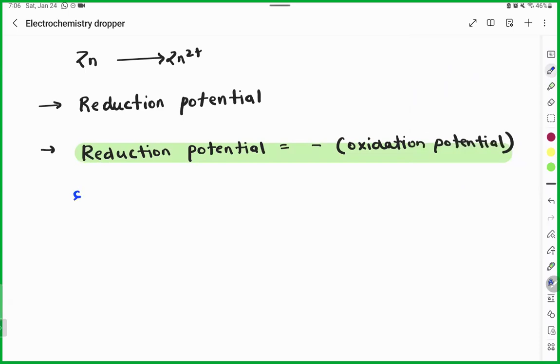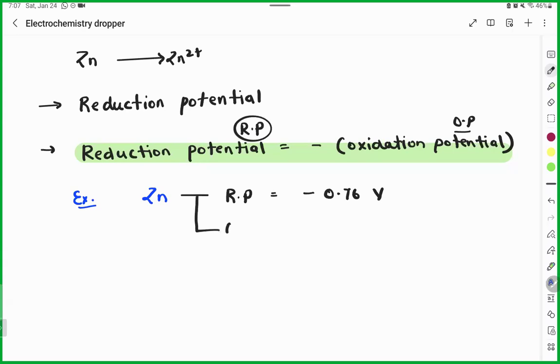What does it mean? Let's take an example. I will write RP for reduction potential and OP for oxidation potential. If the reduction potential of zinc is minus 0.76 volt, what will be the oxidation potential of zinc? It is plus 0.76. In reduction potential we have negative 0.76, in oxidation potential plus 0.76. So the sign will become opposite.